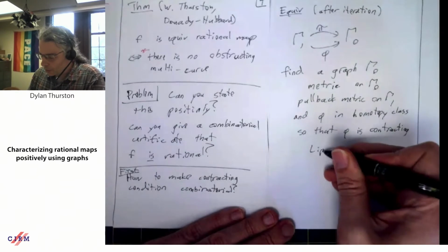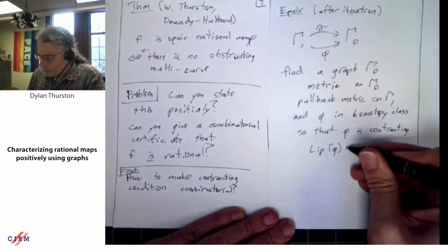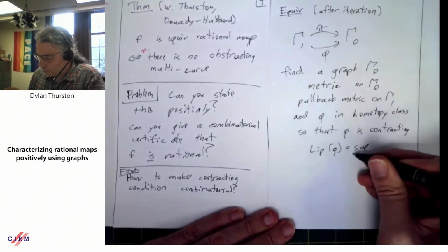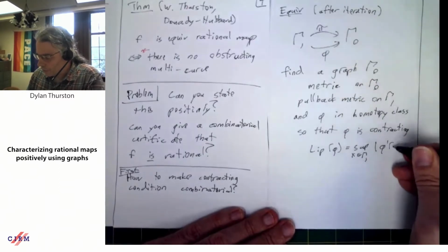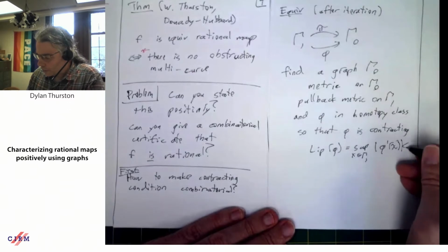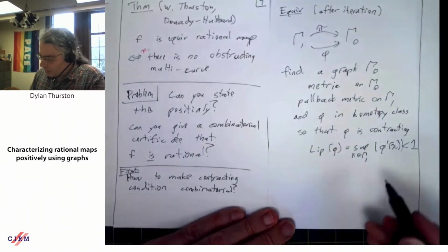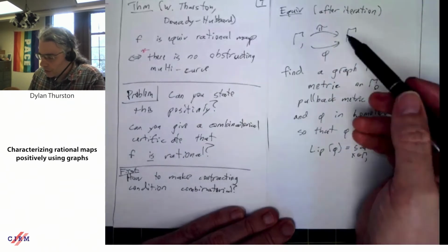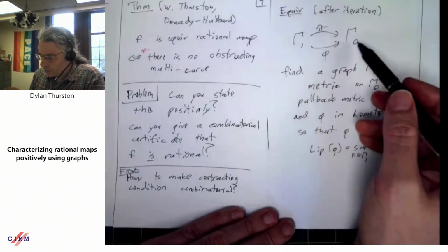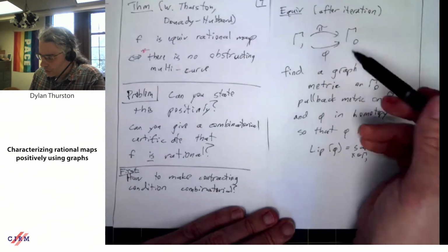The Lipschitz stretch factor, the maximum over all points in gamma 1 of the derivative of phi, is strictly less than 1. And if this happens, if you think in terms of Levy cycles, it's easy to see that this shows that Levy cycles don't exist.